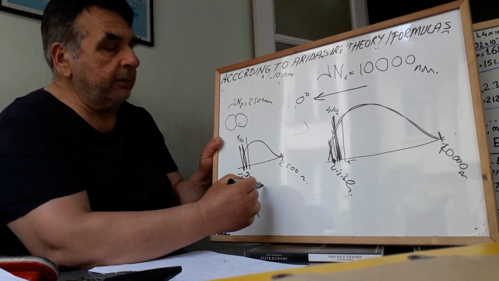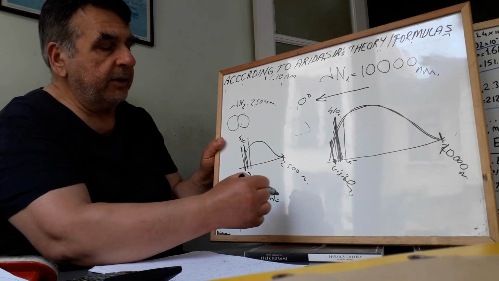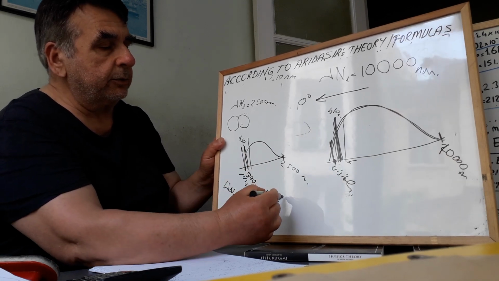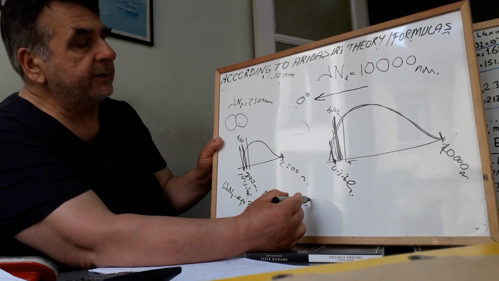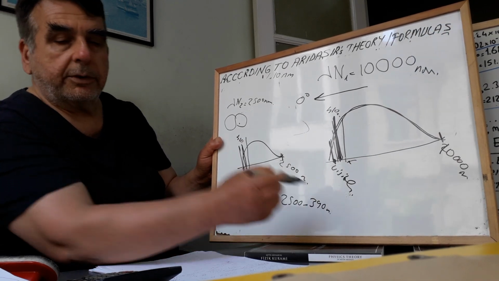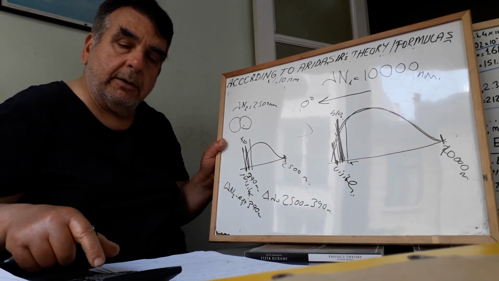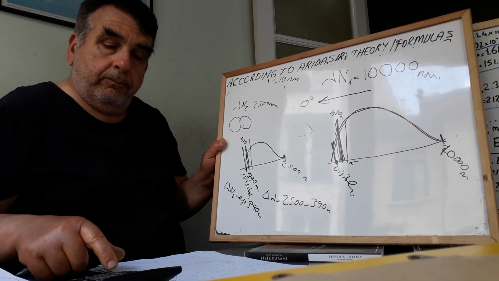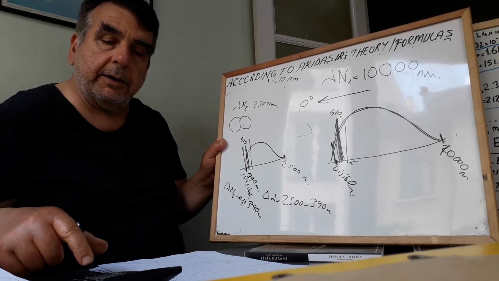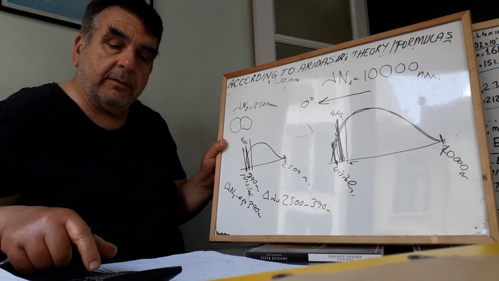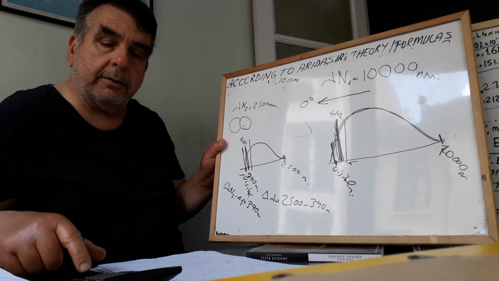And what will be delta lambda? Delta lambda is equal to 2500 nanometer minus, okay, now 2500 minus 390.